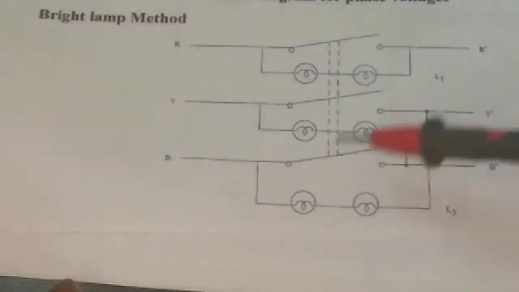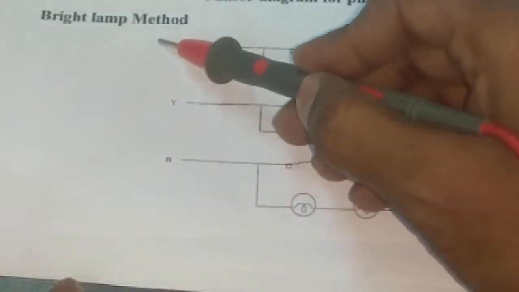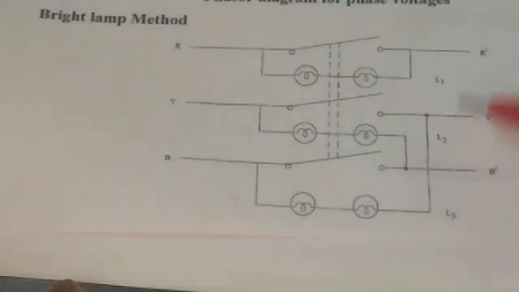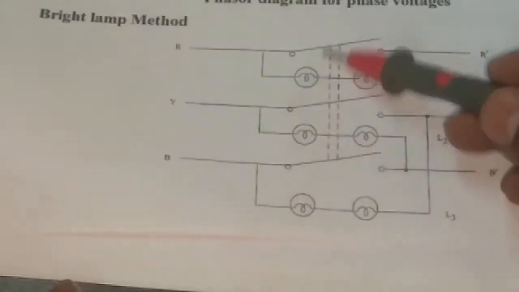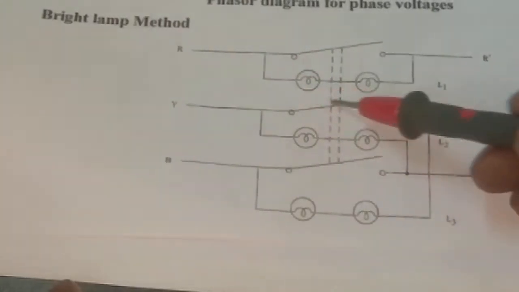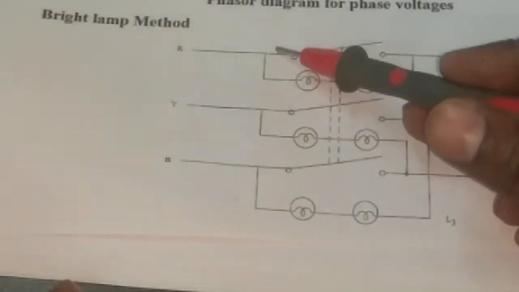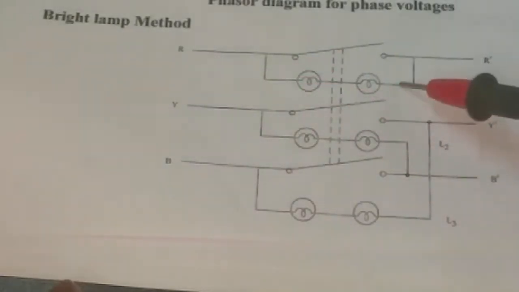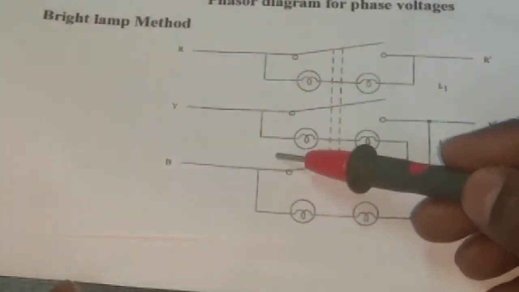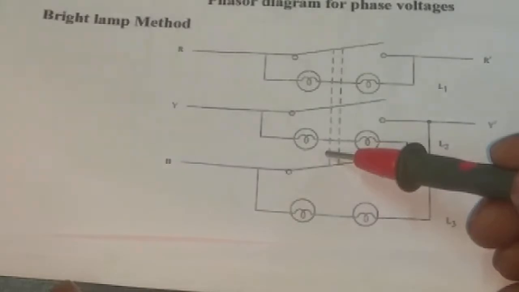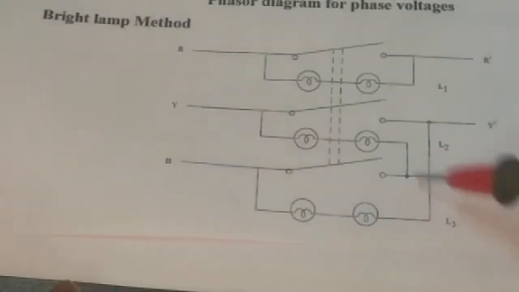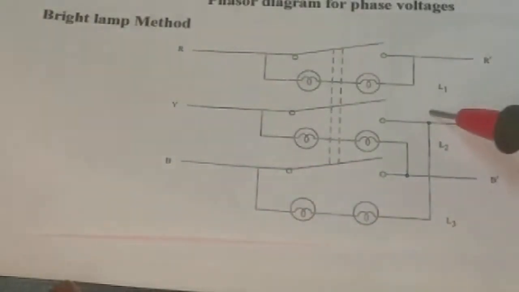And this is a circuit diagram for the bright lamp method. In this also, the output of alternator A and output of alternator B are connected to the synchronizing switch, and the pairs of lamps are connected in such a way that one pair is connected across the R phase of the synchronizing switch, one pair is connected in reverse direction, Y phase to the B phase terminal, and B phase terminal to the Y phase.